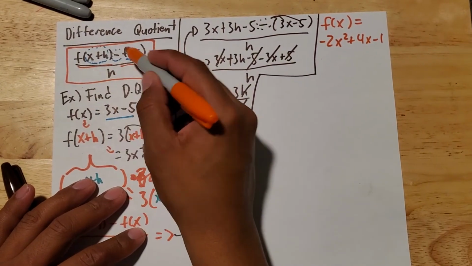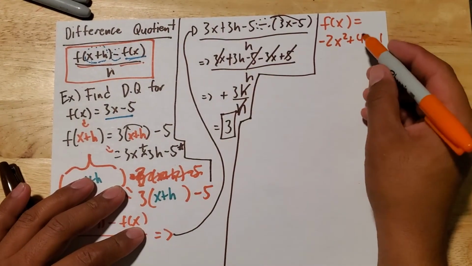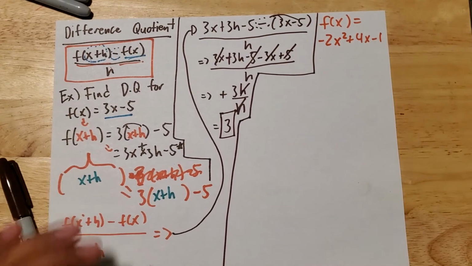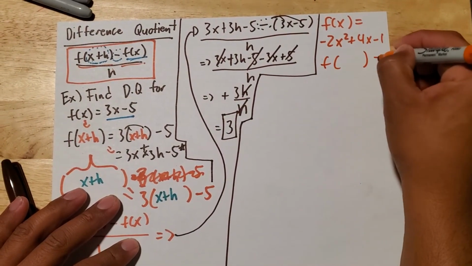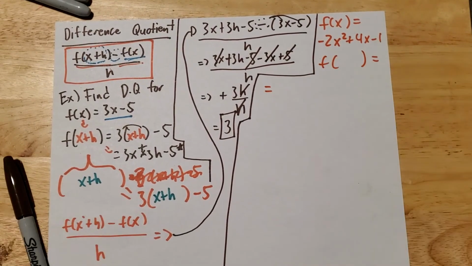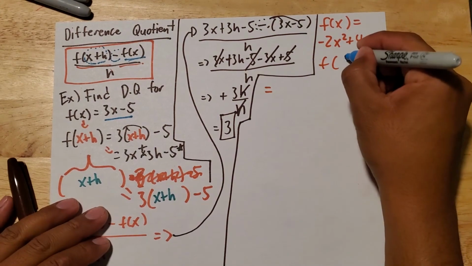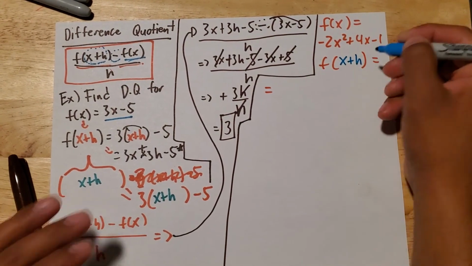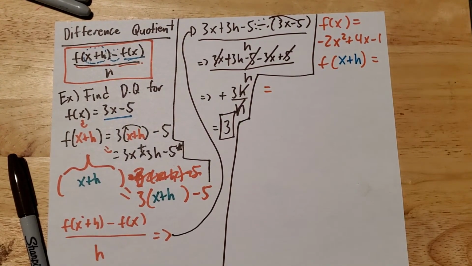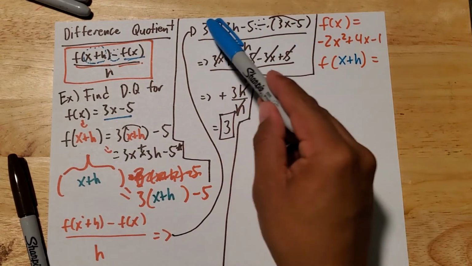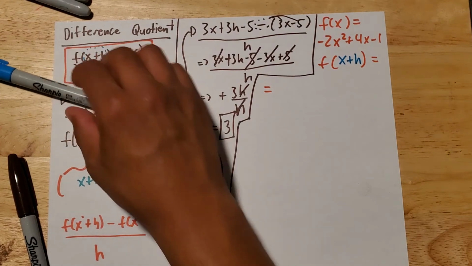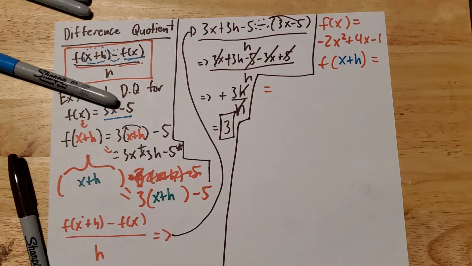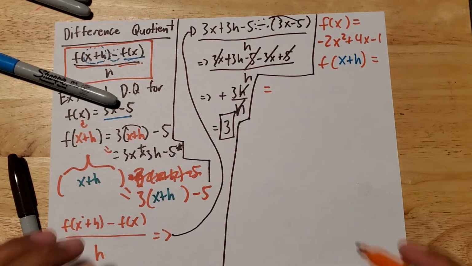So I'm trying to find the difference quotient, but it's probably important that I try to find the f of x plus h first. What I mean by that is I should find this part here, the x plus h, because trying to do this all in one problem is going to make it confusing and cluttered and difficult to find the answer.